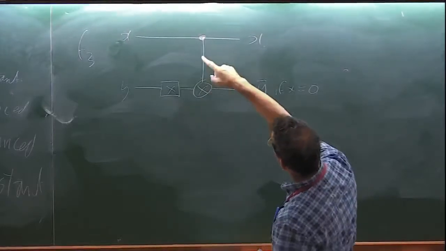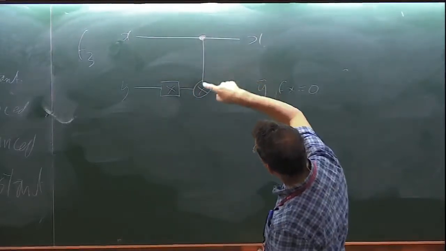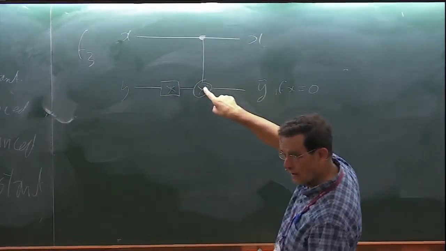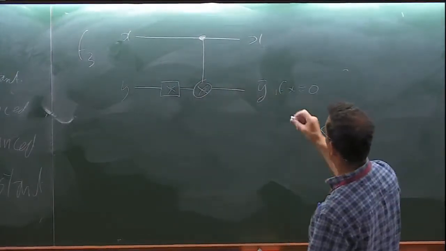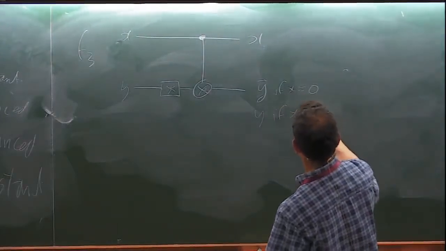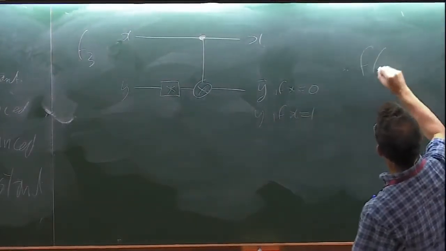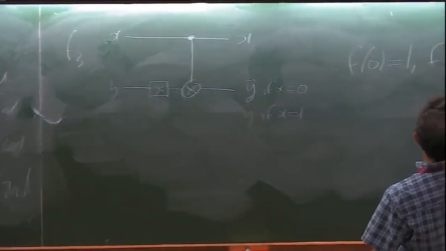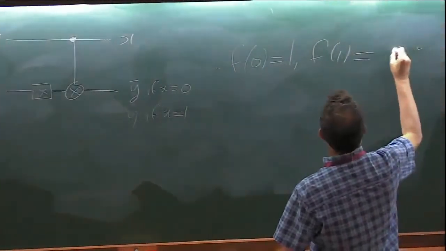If x is equal to 1, then this control NOT flips y, so it gets flipped twice, and it comes back to what it was before. And this is for f of 0 equals 1, f of 1 equals 0.